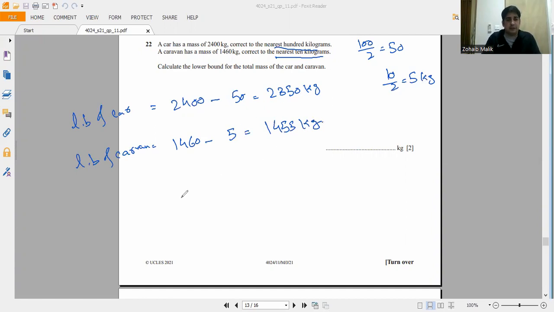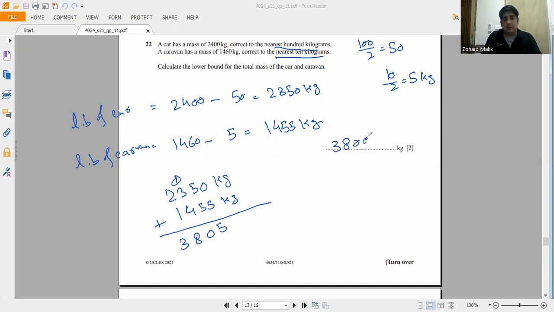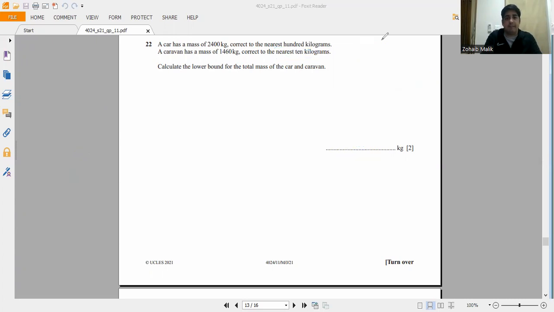Now we need to add them, क्योंकि total mass find करना है. तो 2350 kg plus 1455 kg. 5 plus 0 is 5, 5 plus 5 is 10, 4 plus 4 is 8, 2 plus 1 is 3. This is 3805 kg. Okay, the next is 23.